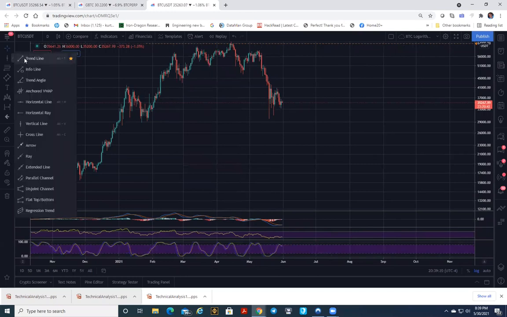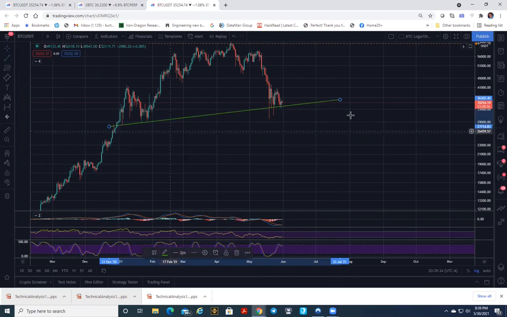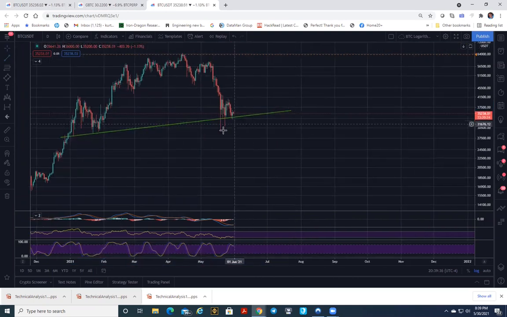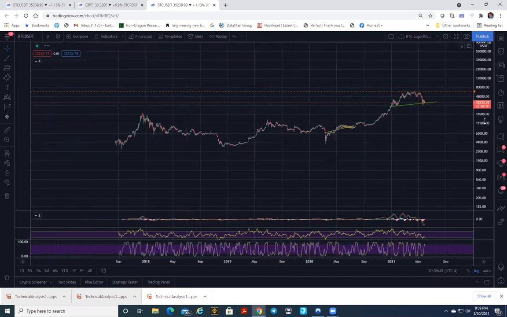So let me get these things back on here. Trend line, see, started from behind there. And it kind of doesn't perfectly touch, but that's realistically the price points that you want to watch. I'll put this back on.